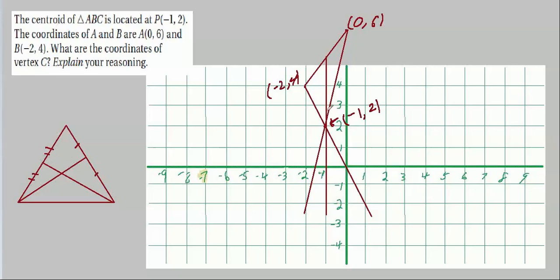That's this here. And remember, we have an important fact about these medians and the point where they intersect, and that is that this side is 1/3 of the whole, and this is 2/3 of it. In other words, it breaks it up into thirds.